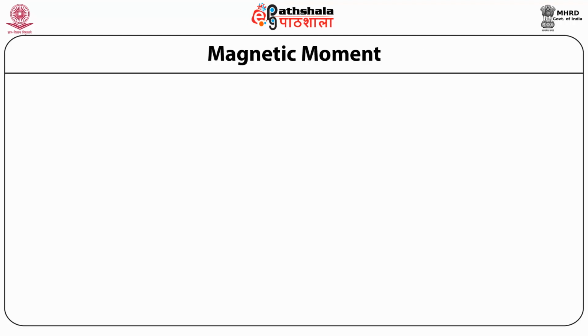Let us discuss the magnetic moment. The magnetic moment due to the unpaired electron is regarded as arising from the spin and orbital motion of the electron.